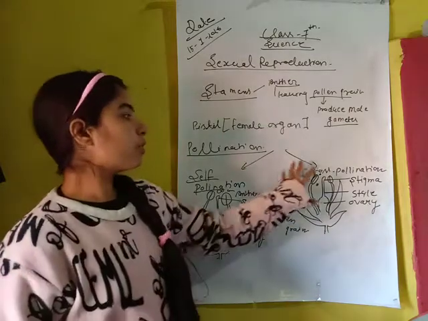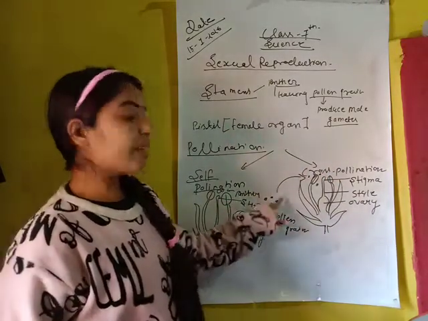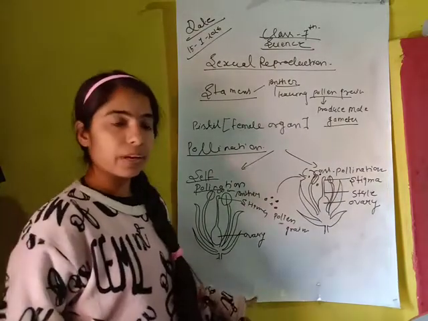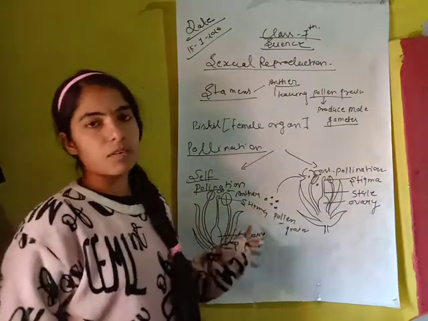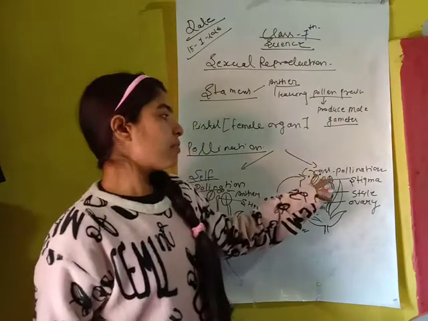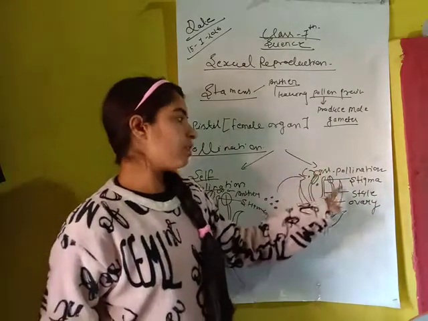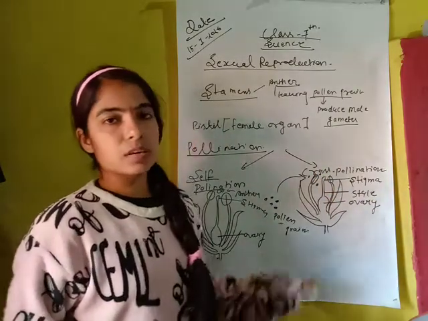Clear? And what is cross pollination? When the pollen grain of the male part of one flower is transferred to the stigma of a different flower on another plant, this is known as cross pollination.